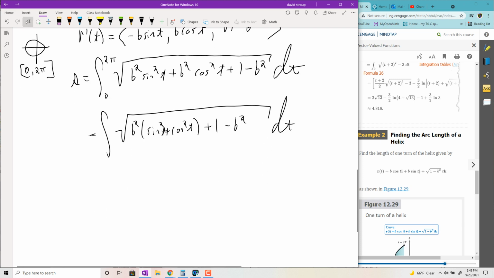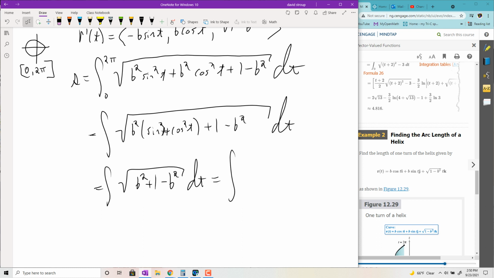Sine squared plus cosine squared, that's just equal to 1. It's one of our Pythagorean identities. So you get b squared plus 1 minus b squared dt, which is just the integral of the square root of 1, which is just 1 dt, which is equal to t from 0 to 2 pi, so it's equal to 2 pi.